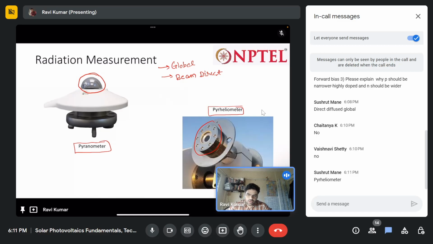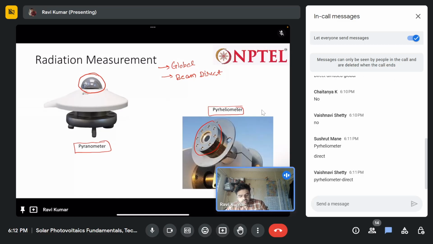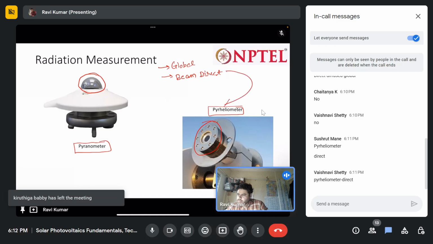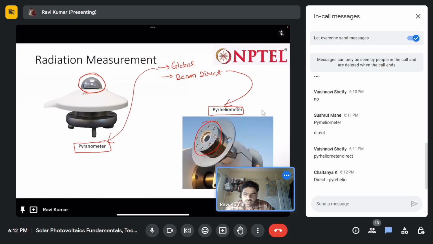Periheliometer for what? Direct. Okay, so he is saying for direct we use the periheliometer, and for global we use the pyranometer. Yeah, Vaishnavi, you are right. Sas, you are also right. Direct, periheliometer. Chaitanya, you are right.